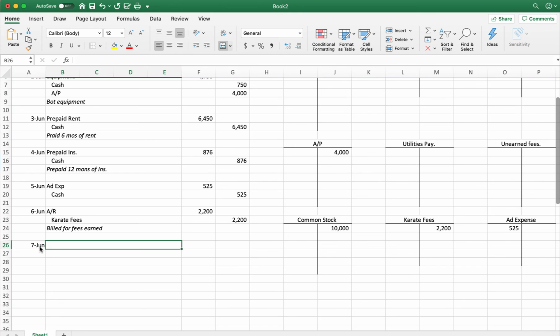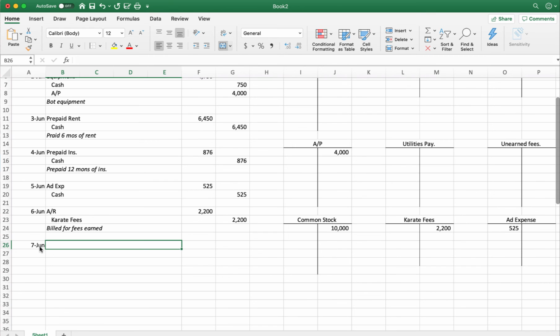Okay, so what's going on here? Somebody paid me cash. I didn't do anything for the cash yet, right? I have to provide a service. So, excuse me. This is an example of deferred revenue or unearned revenue. I got cash for something I didn't do yet, okay?